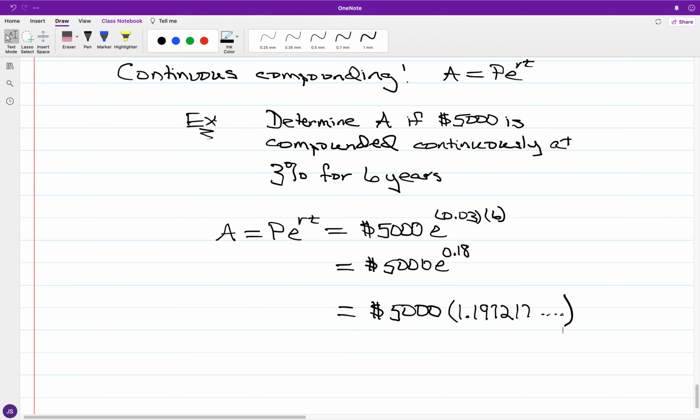Once we multiply by $5,000, it's going to be a little bit closer to $6,000. And in the case of the future value, the $5,000 will grow to $5,986.09, about 9 cents.